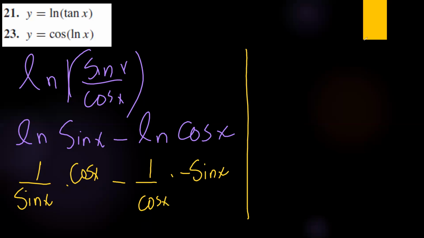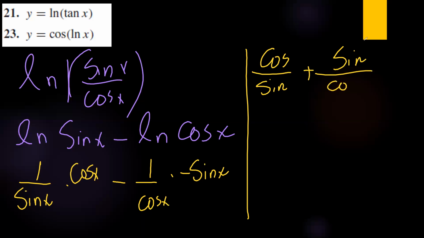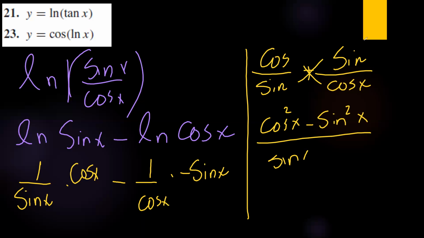So I have the answer as cosine over sine minus or plus sine over cosine. So by cross multiplication here, we have cosine squared of x minus sine squared of x over sine x cosine x.